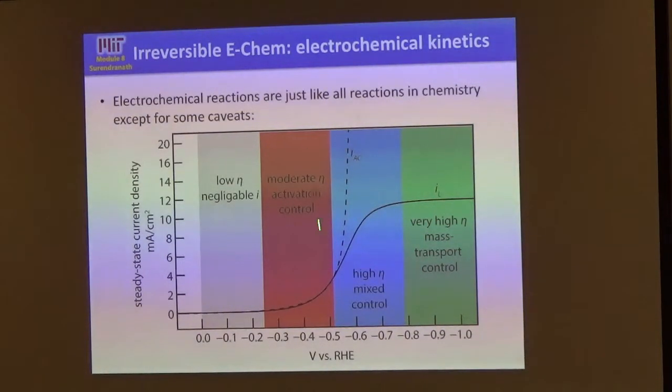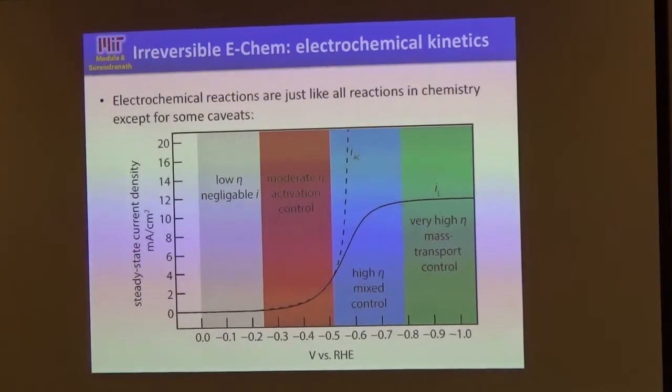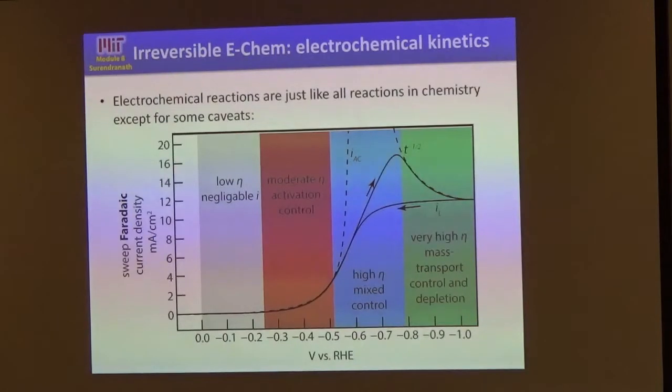So if you can understand these sort of four regimes, you'll understand a lot about how we think about electrochemical kinetics in these systems. Here's also how you can understand a little bit about how sweeping the potential impacts this. So if, for example, I sweep the potential, right, and importantly, I'm only talking about Faradaic current, or current going into the terminal reaction in this case, what you'll actually find is that depending upon how fast I sweep the potential, I can actually have a higher than expected concentration at my surface because I'm not at steady state.